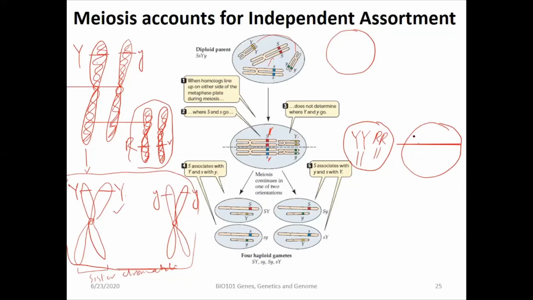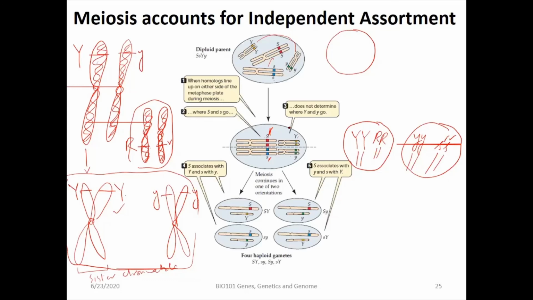This one can be small y, the homolog, and which is wrinkled. But it can also go like this.